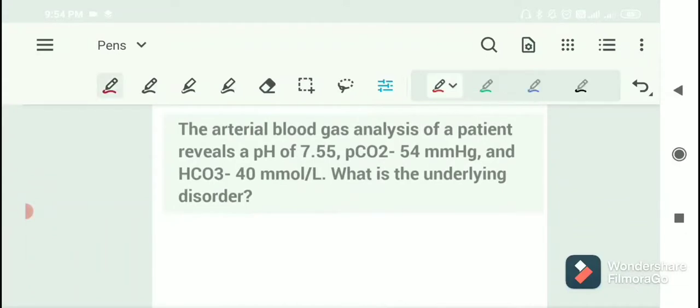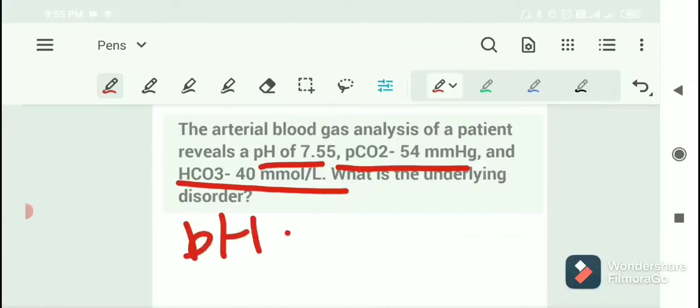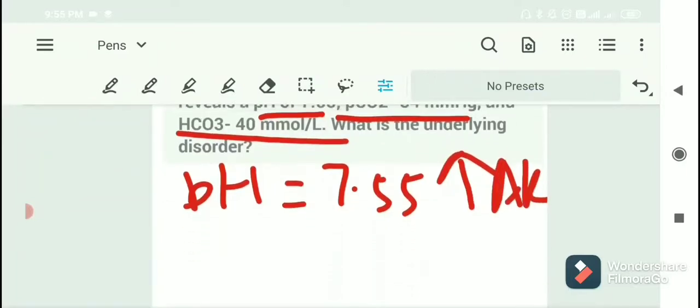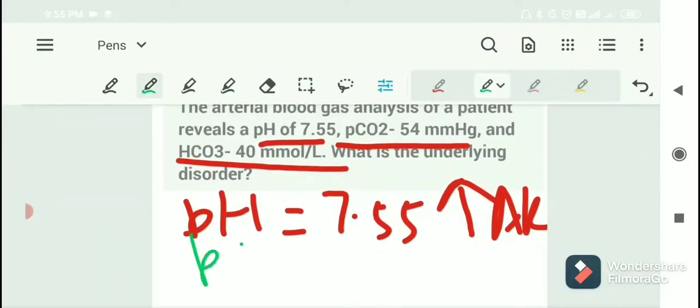The next problem, the arterial blood gas analysis of a patient reveals pH of 7.55, PCO2 is 54 and bicarbonate is 40. Now pH is 7.55, that means it has increased, that means it indicates alkalosis. Now PCO2 level is 54, that means this also has increased.